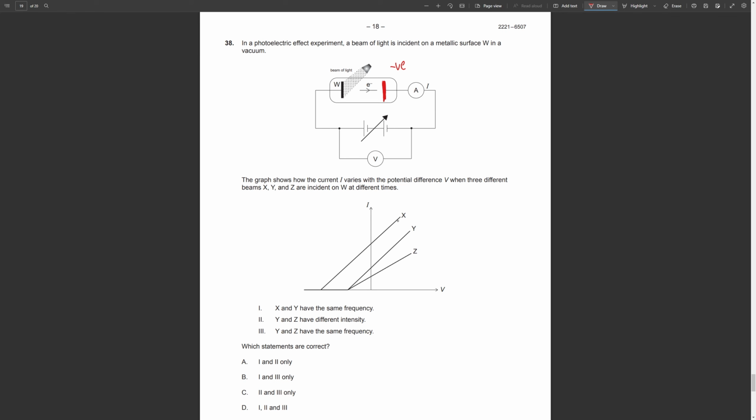Let's take a look at X. At this point, you can see the current reduces to zero, which means if you successfully provide the required potential difference, the electron will no longer reach the negative terminal so that there is no electron flow anymore. Such potential difference able to stop the current flow is known as the stopping potential difference.